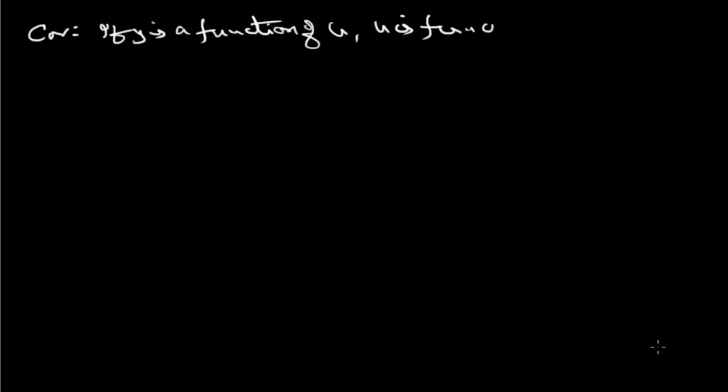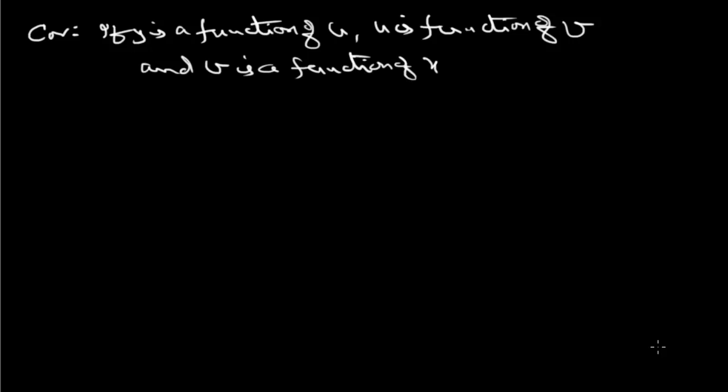As a corollary, if y is a function of u, u is a function of v, and v is a function of x, this means y is a function of x.